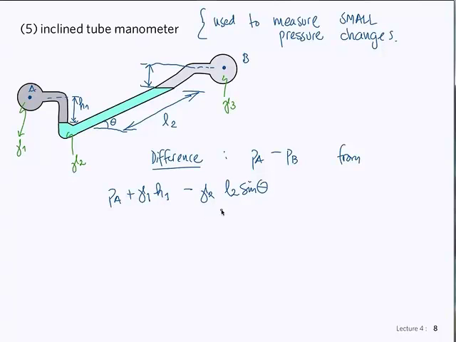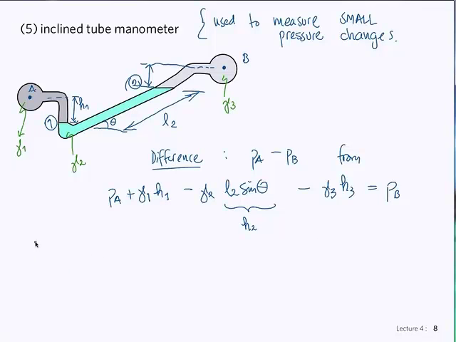This is the vertical distance H2 that we had before, the vertical distance between points 1 and 2, so I'm calling this one 1 here and 2 here. Minus gamma 3 H3 equals PB, and you can see now I can solve again for PA.